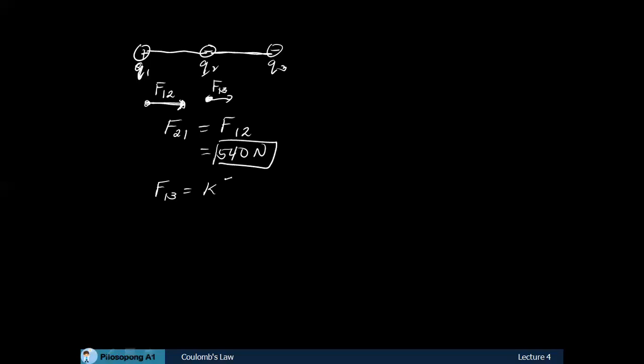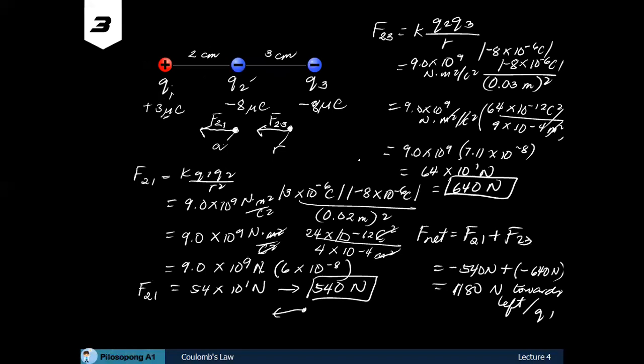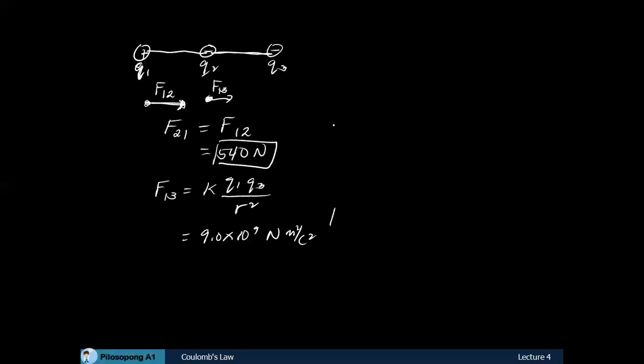And that is K Q1 Q3 over R squared. So you have 9.0 times 10 raised to 9 newton meter squared per coulomb squared times Q1. What's the value of Q1 again? That is 3 microcoulomb.